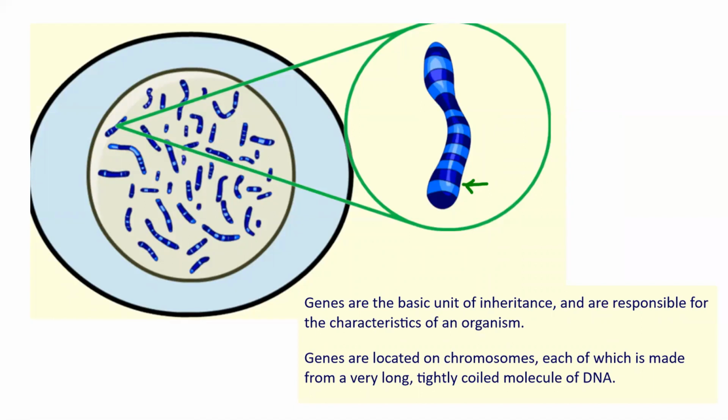For things that show continuous variation, like our height and skin color, these are controlled by more than one gene. We call them polygenic. Now, they are much more complicated to try and predict in terms of patterns of inheritance than single gene traits like eye color. It's much easier for us to guess what a couple's offspring might show based on what we know about them. So genes are located on the chromosomes and they control our characteristics.